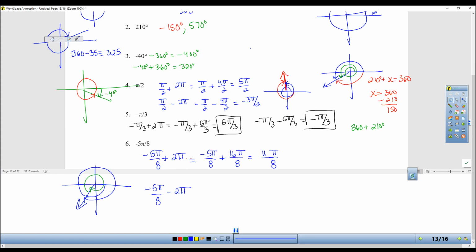Okay? But the long and short of it is, if you just add 2 pi and subtract 2 pi, you'll be good. 16 pi eighths gives us negative 21 pi eighths. And they are going to ask for a positive answer and a negative answer, a positive coterminal and a negative coterminal.